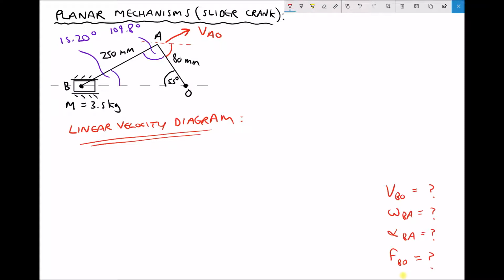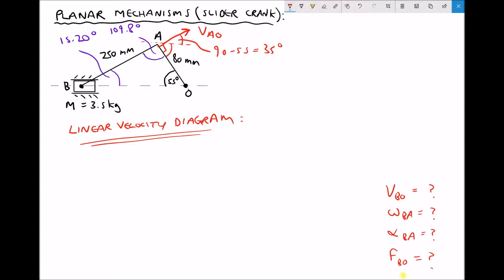However, it isn't that angle that we want, it's this angle here. But what we can also see is that because we have a right angle between the linkage and the linear velocity VAO, this angle here must be 90 minus 55, or 35 degrees. Therefore, our velocity of A relative to O is at 35 degrees from the horizontal.